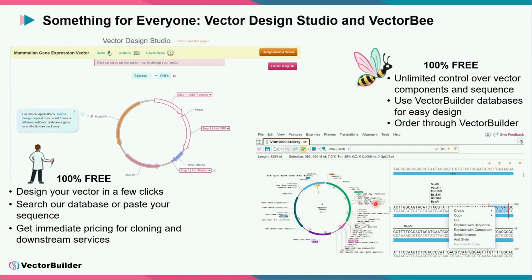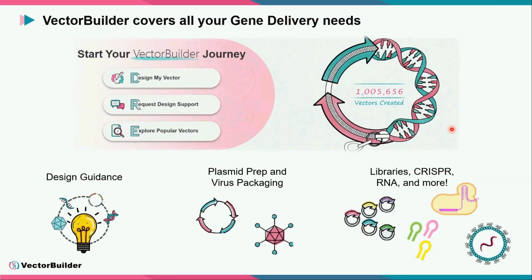And finally, you can order those vectors that you have designed by sending them straight over to the VectorBuilder design team and quickly find out exactly how easily and how quickly you can receive those vectors, or if you want them packaged into lentivirus, if you want them made into a library, any and all of those options are possible and easy.